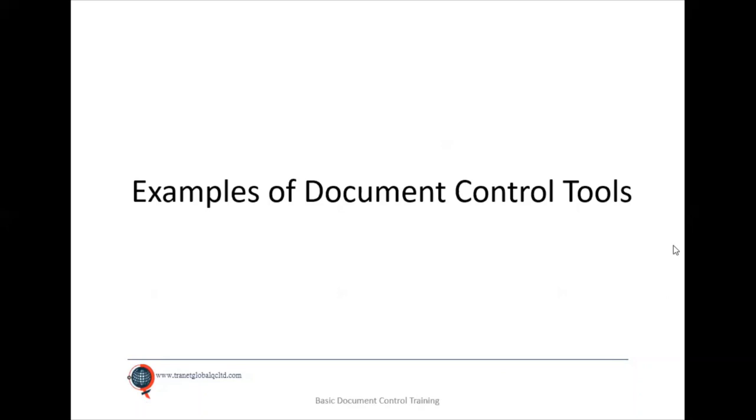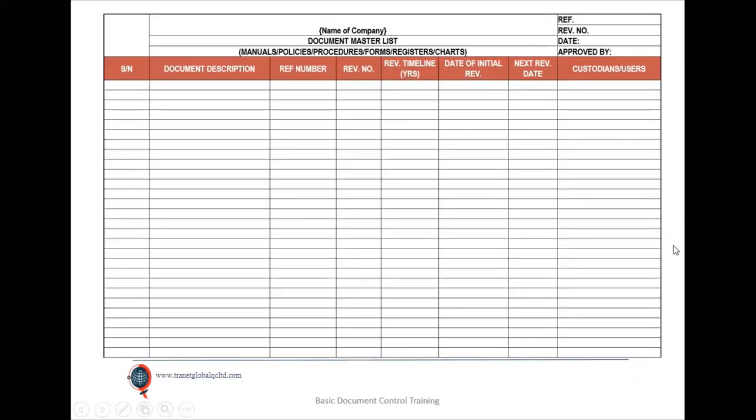That is what gave rise to us looking at this master list. Master list is very, very important in document control because it is what you use to assign numbers, especially when you are operating a traditional means of document numbering system.